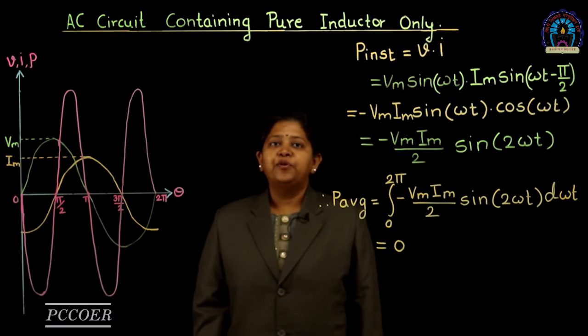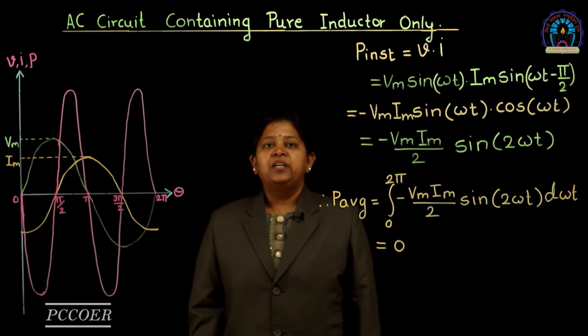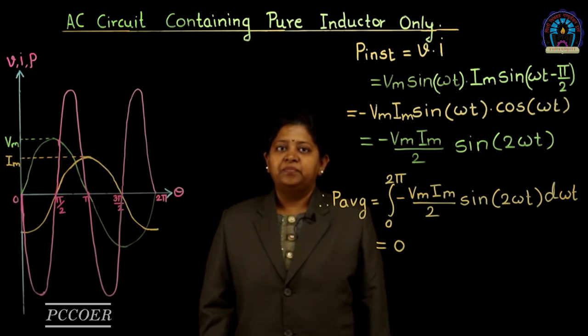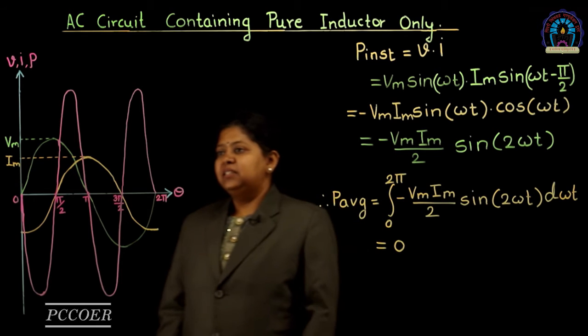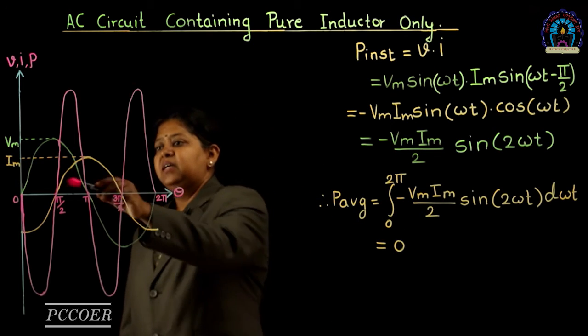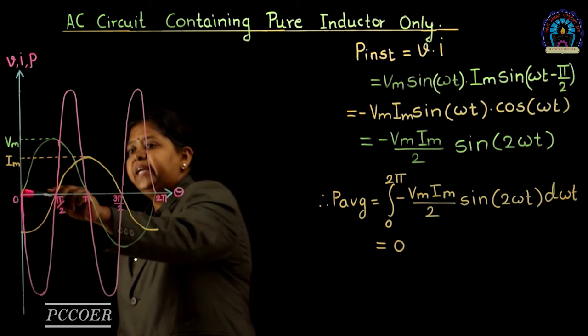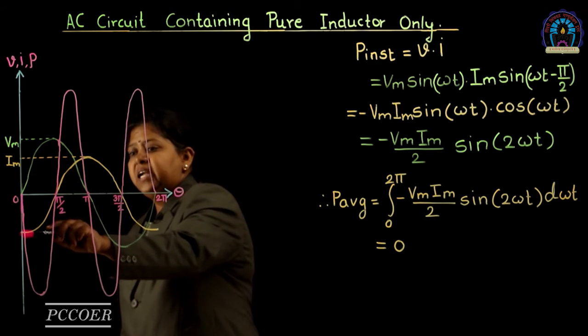In this video, I am going to explain the derivation for instantaneous and average value of power delivered to the pure inductor. Let us see the waveform of voltage and current. At theta equal to 0, it can be observed that the voltage is 0, current is negative maximum.